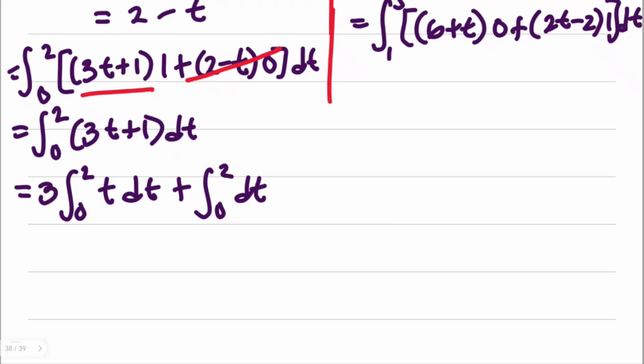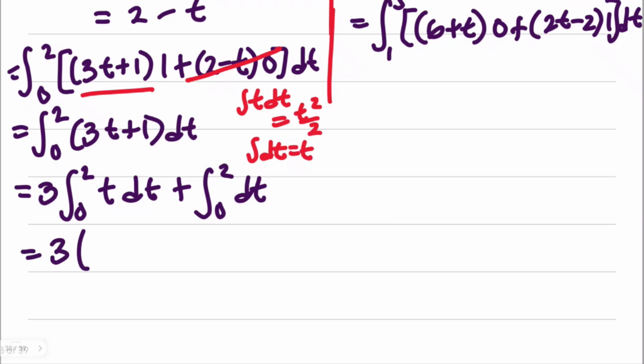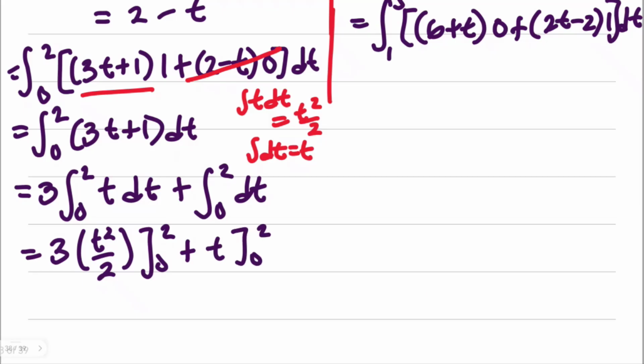Take note that the integral of t dt is t squared over 2, and the integral of dt is just t itself. So you will have here 3 times t squared over 2 from 0 to 2 plus t, the integral of dt, from 0 to 2.